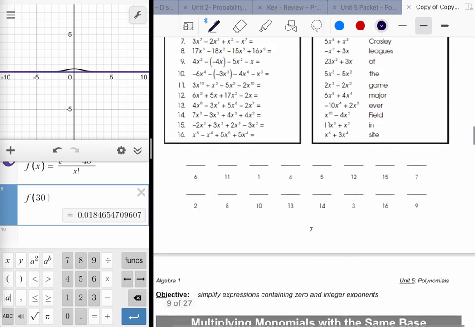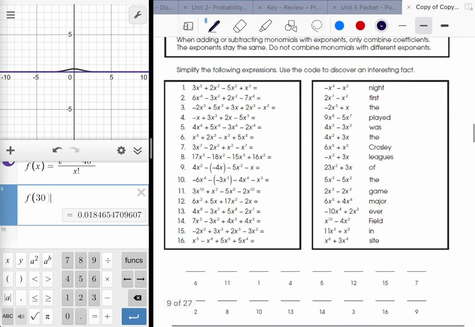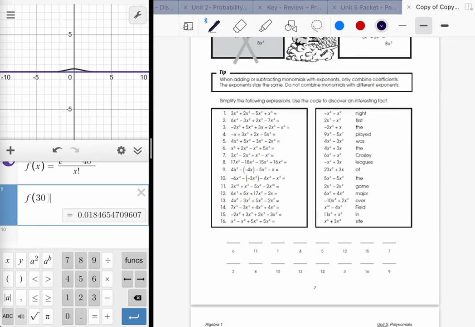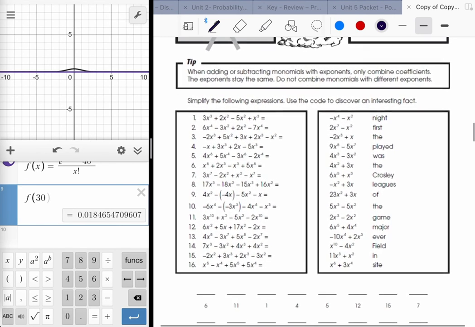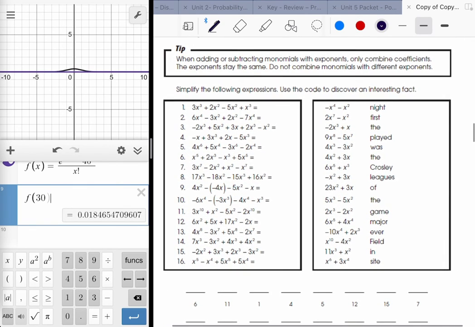So on the next page, you have the puzzly kind of thing, and that's going to be your homework. So that's page 7. I'll put that in Schoology, but it's really just simplifying, coming up with the word that corresponds with the simplified expression, then putting the word associated with that simplified expression down with the question number, and the little blanks at the bottom are the question numbers.